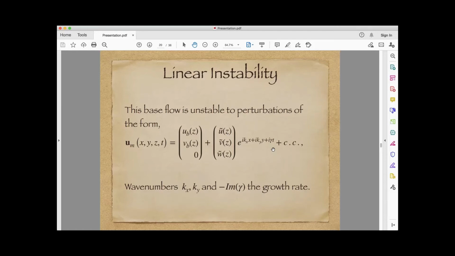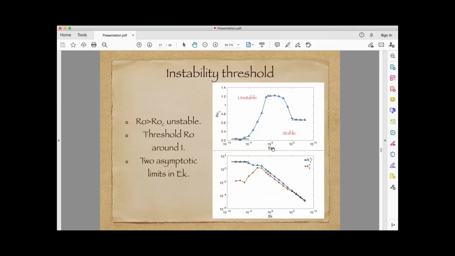So we look at the linear instability of such systems, and what we find is that actually the system becomes unstable. So here I showed this instability threshold. I have the critical Lagrangian number as a function of Ekman number. So we are just asking when is this anti-Stokes flow, along with this Ekman layer, unstable?